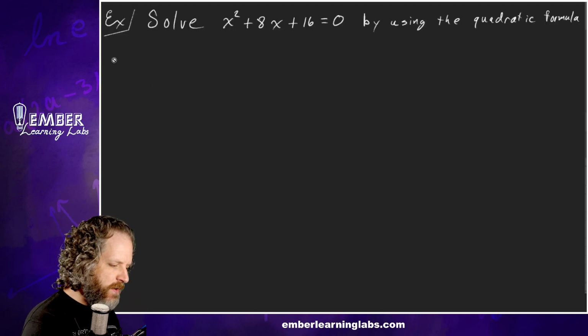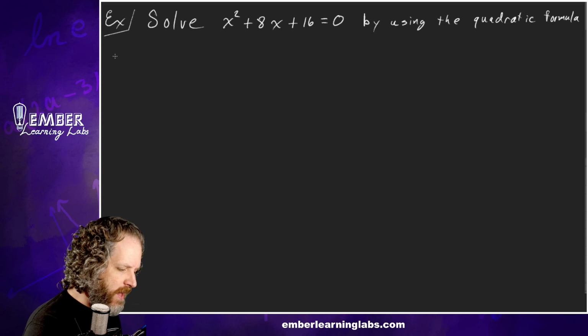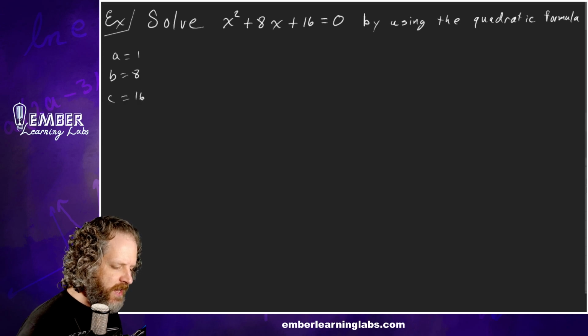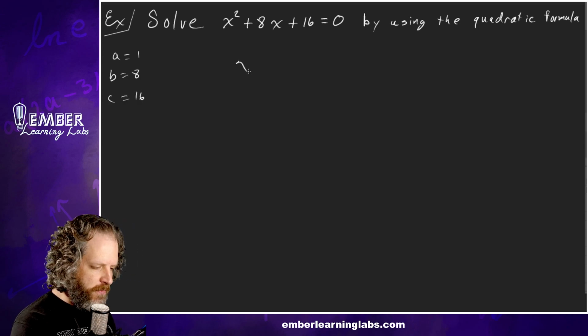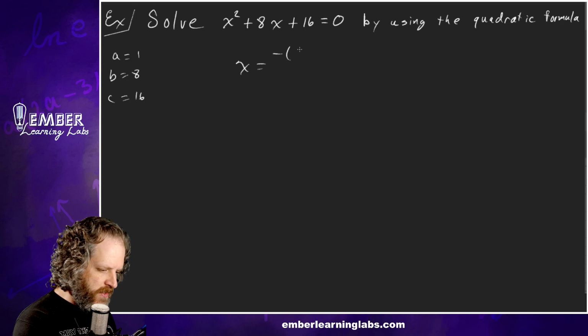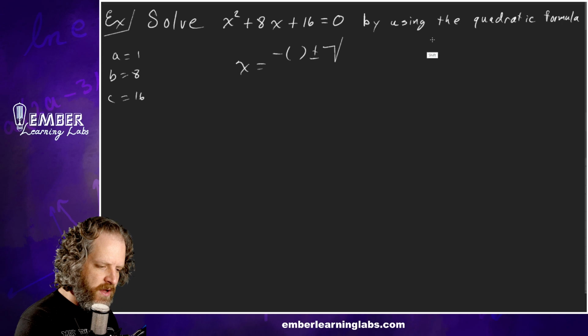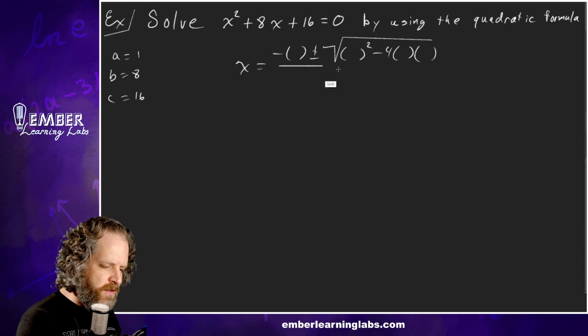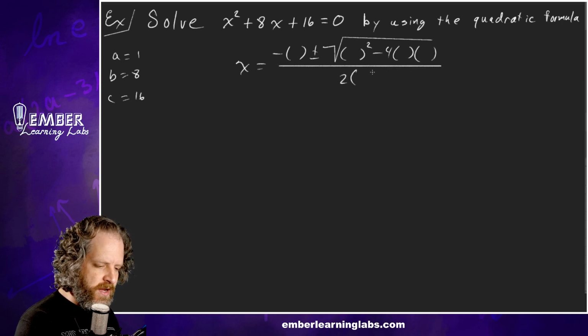All right, so we've got a equals 1, b equals 8, and c equals 16. We're going to plug it in the quadratic formula. So x equals the opposite of b plus or minus the square root of b squared minus 4 times a times c all over 2 times a.